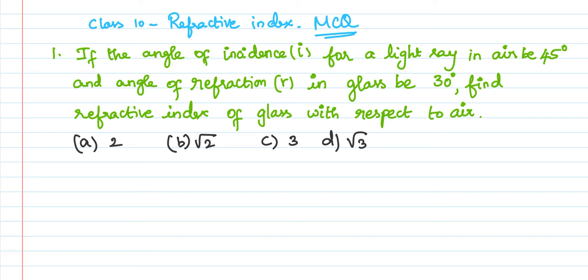So once again I am showing: if the angle of incidence for a light ray in air be 45 degree and angle of refraction in glass be 30 degree. Find refractive index of glass with respect to air.